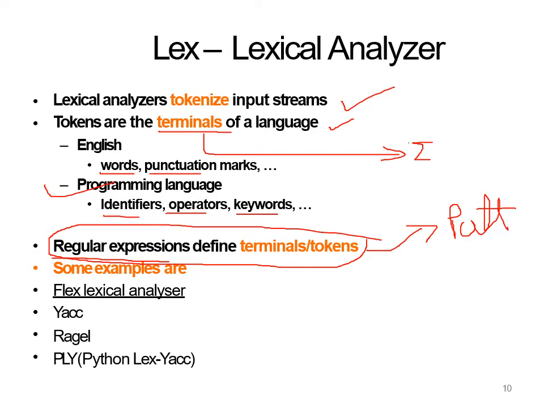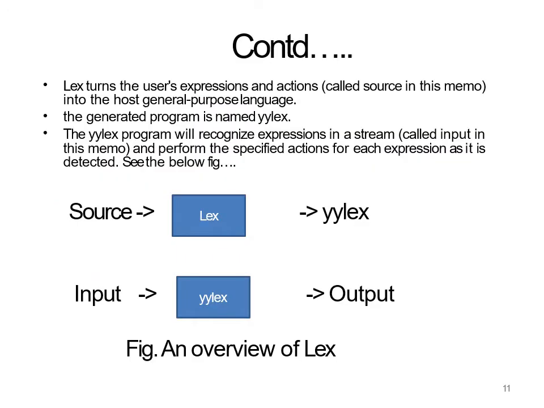Some examples of types of lex are flex, which is a fast lexical analyzer, yacc, regel, and PLY, the Python lex and yacc. So there are several tools like lex.